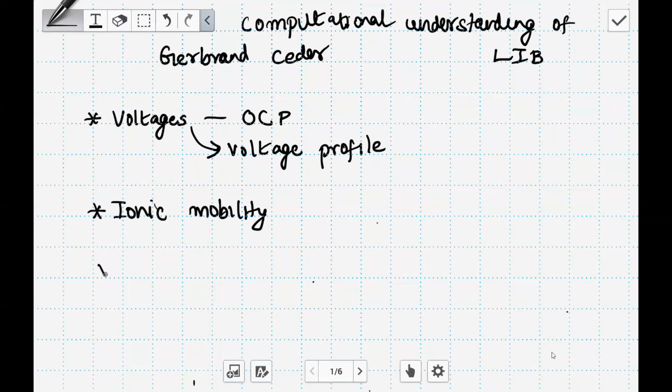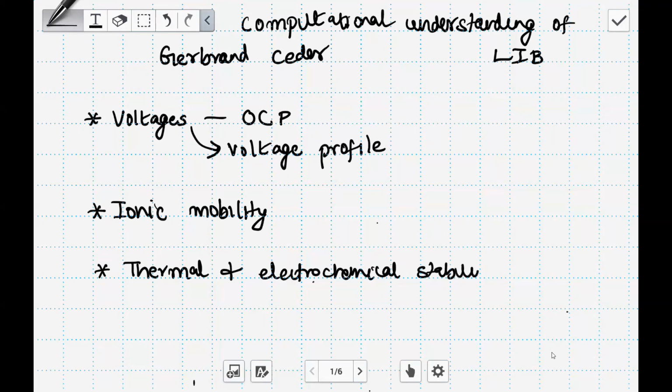And the third issue, which we'll be interested in, is thermal and electrochemical stability. This is a very important issue. For example, Indian conditions.